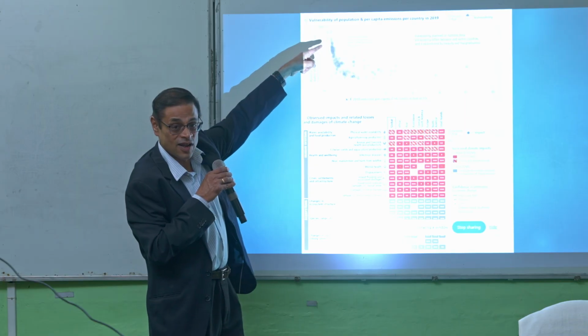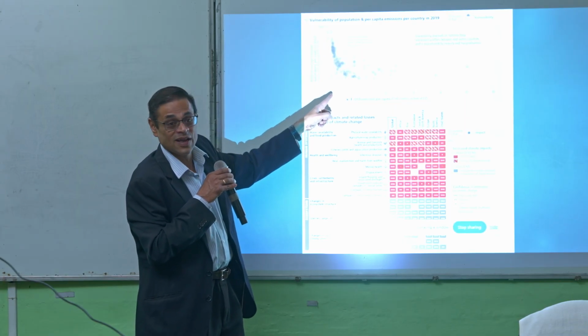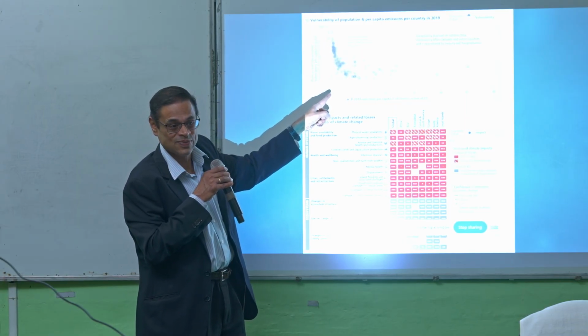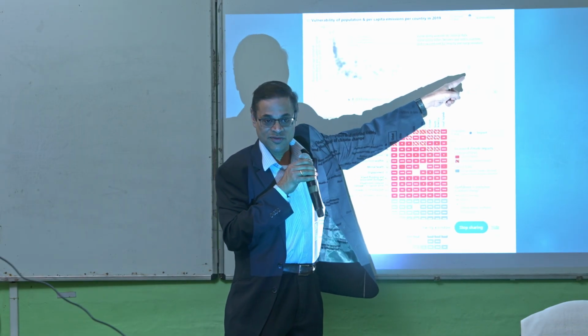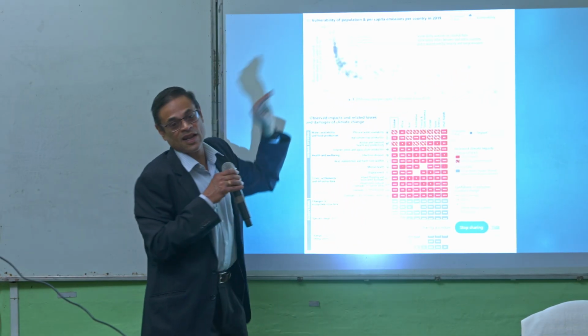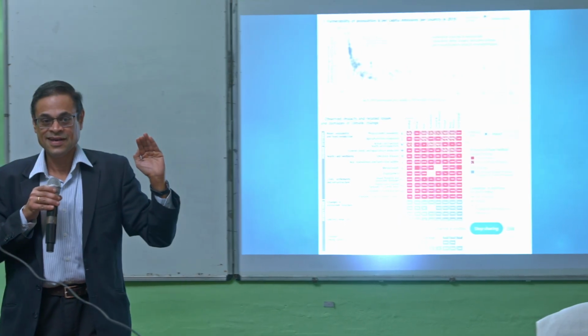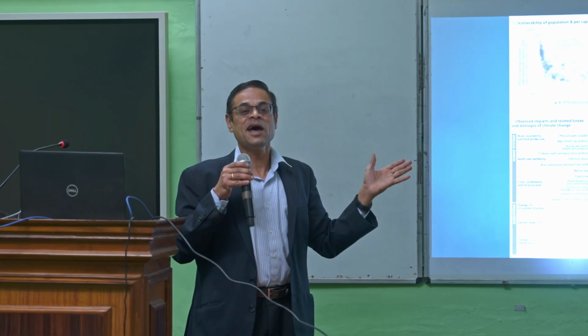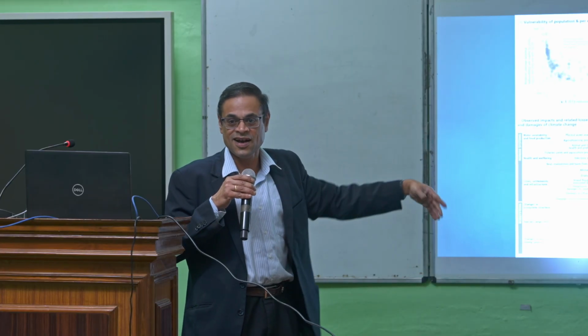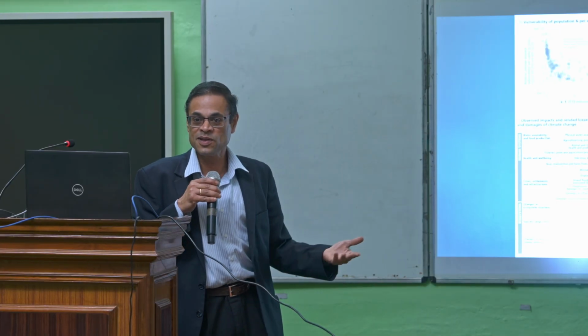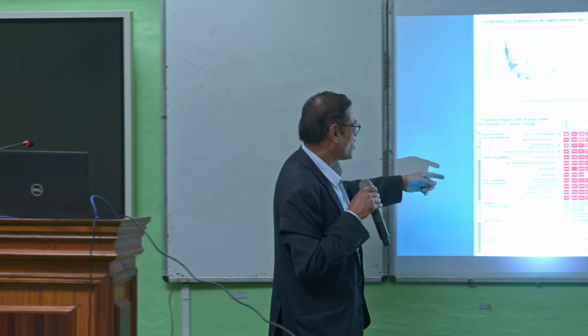They are highly vulnerable even though they are producing very little CO2. There are some countries that are producing high amounts of emissions, least vulnerable, right? So the disparity is very clear in this kind of analysis. The disparity of impacts on people that are going to be affected is quite clear.